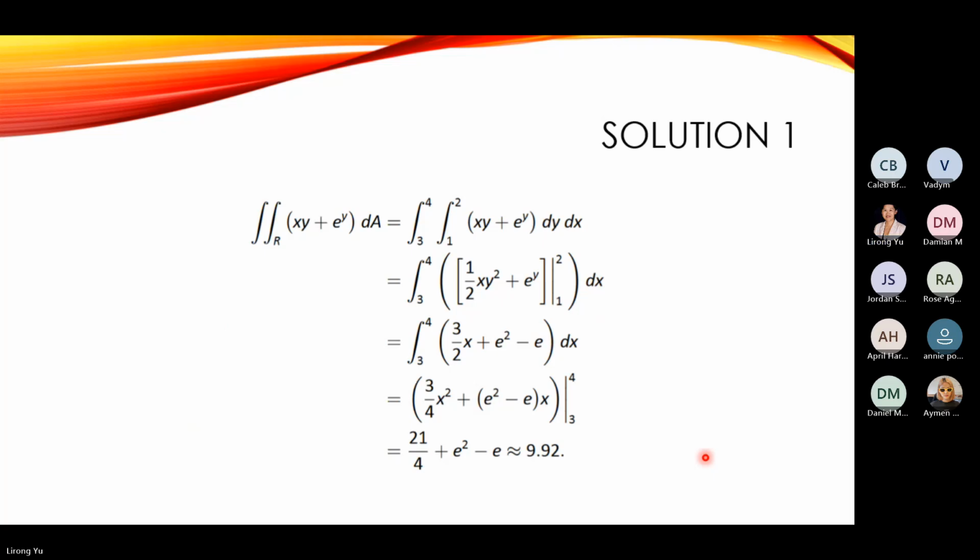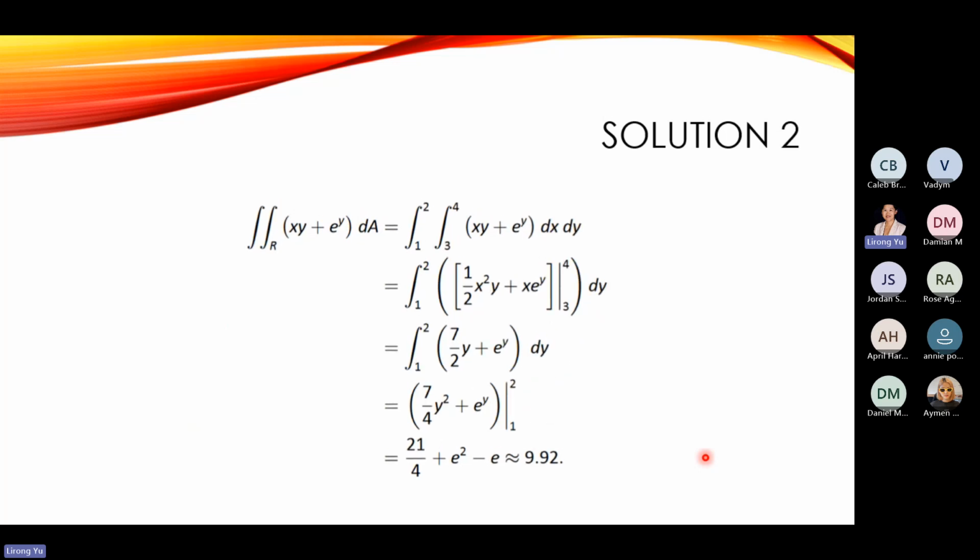Okay. All right, so of course, we can also change up the order of the integration to dx dy. And this is how we do it in dx dy. If we do dx dy, that means the inner layer will be 3 to 4, and then dy on the outside, so y will be from 1 to 2.